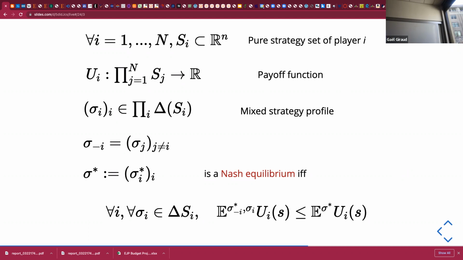That is, you allow everybody to pick a probability on the simplex over his or her pure strategy set, and you say that sigma star is a Nash equilibrium if for every player and for every deviation that this player could play, if he plays sigma I instead of sigma I star, he will not increase his payoff, or the expectation of his payoff. So nobody has an incentive to deviate. Okay.